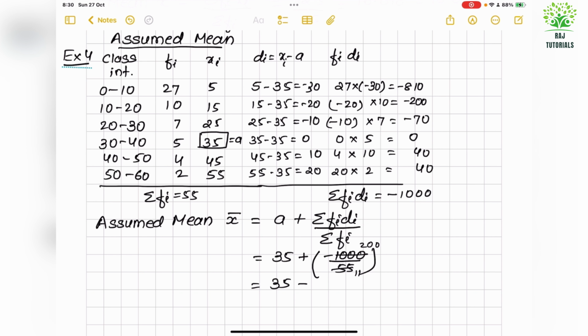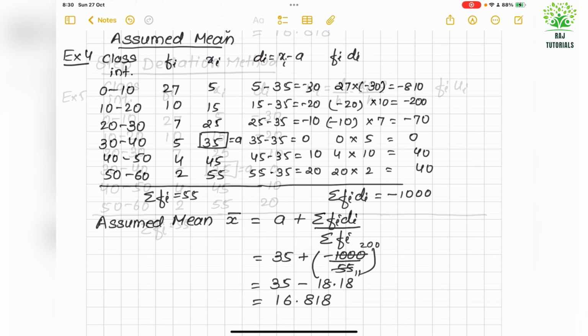So I will get 18.18. So if I subtract that from 35, I will get 16.818. So see, by the second method, that is assume mean, also the answer has come the same.